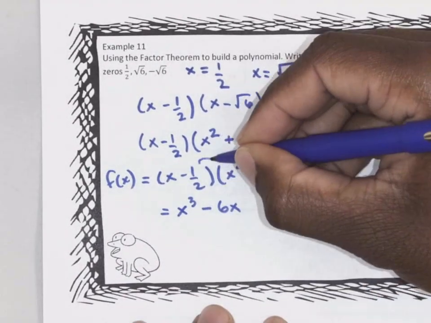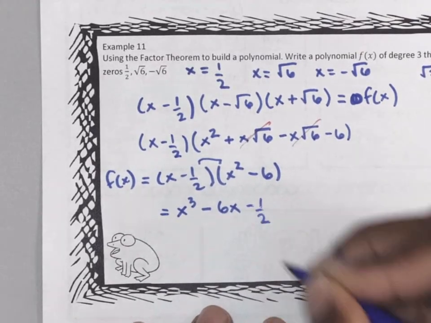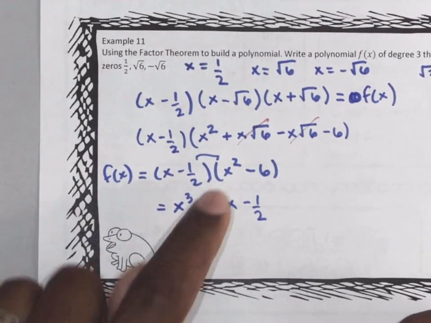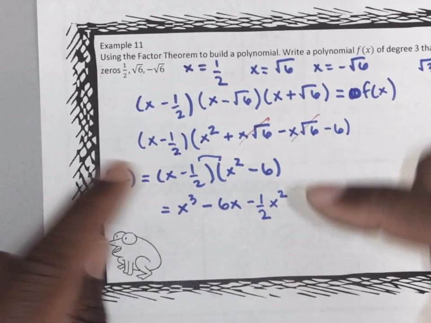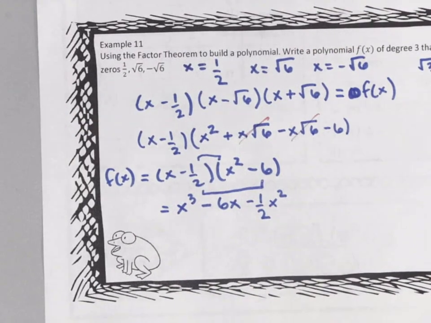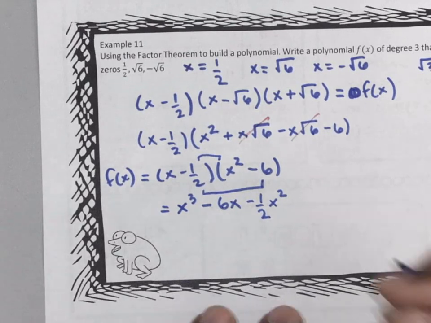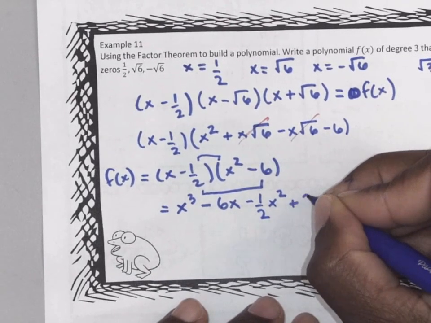Inner times inner, negative 1/2 times x squared. And then last times last, negative 1/2 times negative 6. 3, yep. Plus 3.